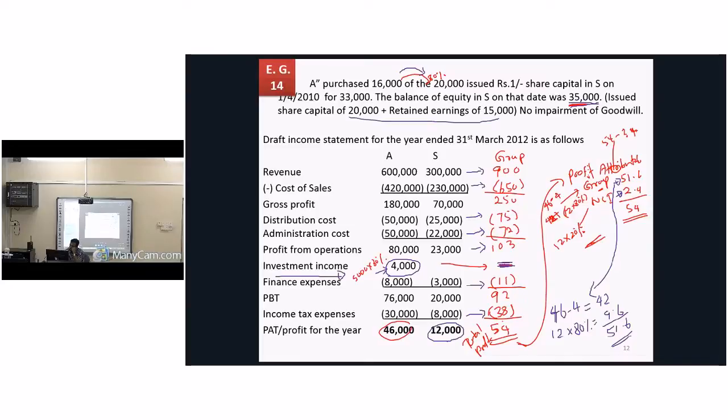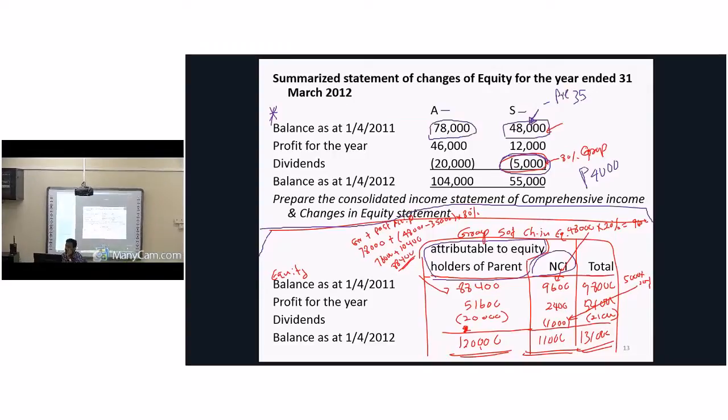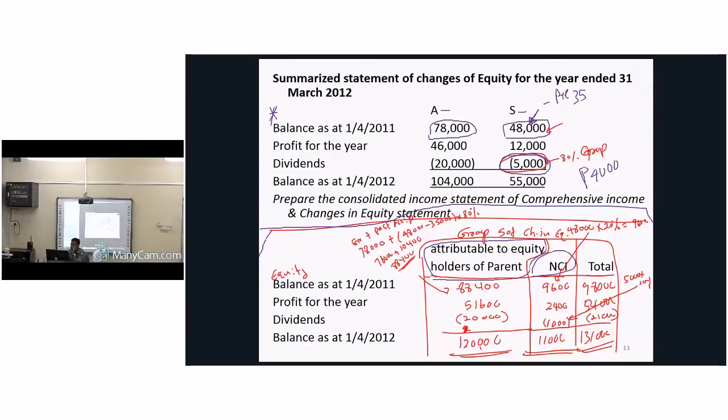Equity on the acquisition date is 35. Equity as at the beginning of the year is 48, which means a difference of 48 minus 35, a difference of 13 earned after the acquisition. Out of that, 80% belongs to whom? Belongs to the parent.